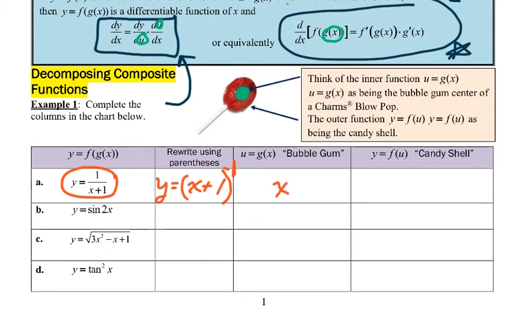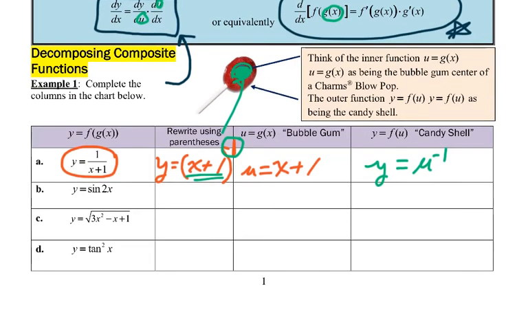You'd say, u is equal to x plus 1. It's the inside part of the function within the function. So when we say y is equal to f of u, in this scenario, f is the candy shell. So I would say y is equal to u to the negative first.